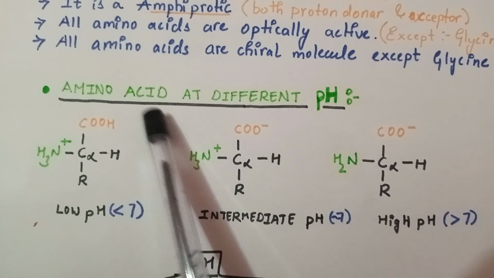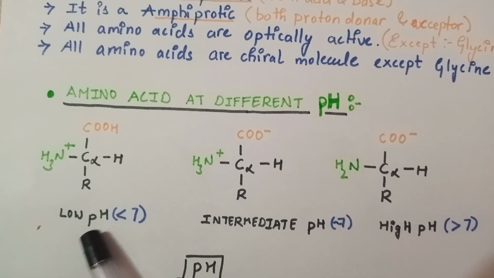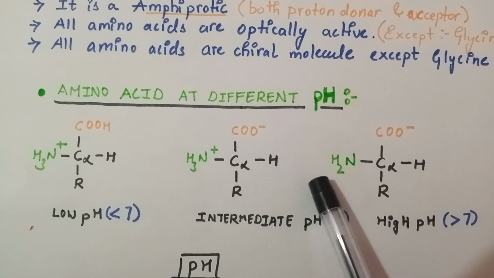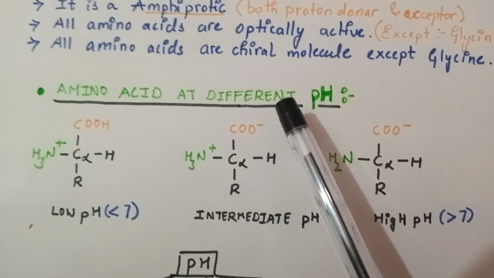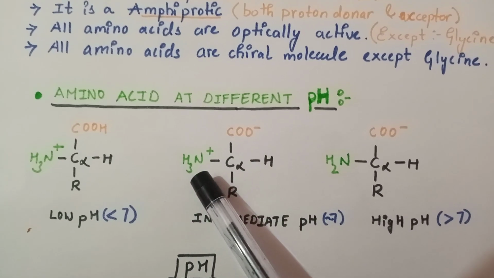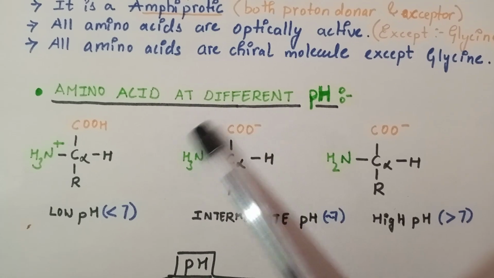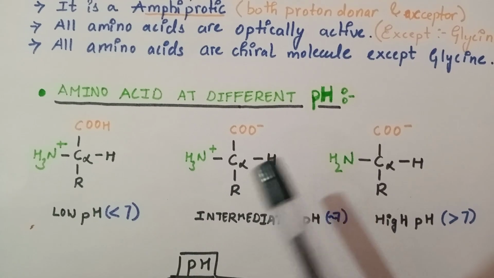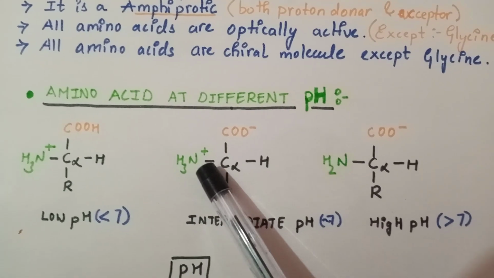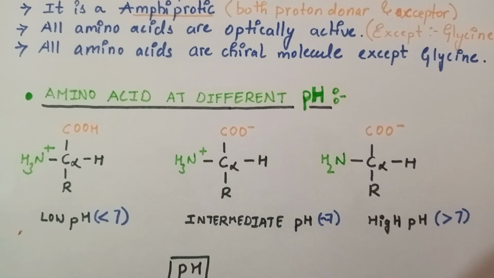So the overall charge on the amino acid at low pH is positive, while at intermediate pH the carboxylic group is deprotonated and the amino group is protonated. So it generally forms the zwitterion. It's also called a zwitterion, meaning double ions are present, both negative and positive charges present on the group.